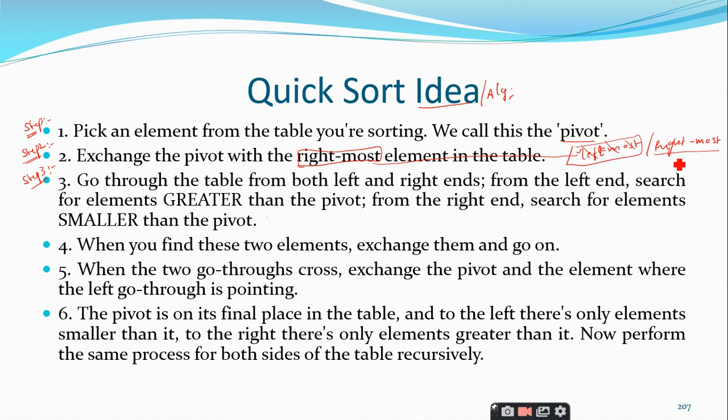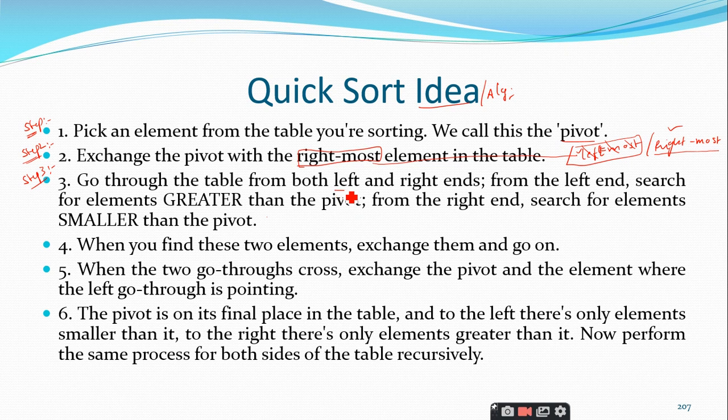You have thrown it to the rightmost part and excluding this rightmost part from the remaining list of unsorted elements, you have to select two pointers.